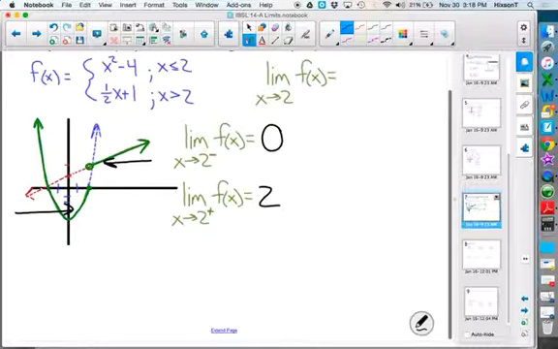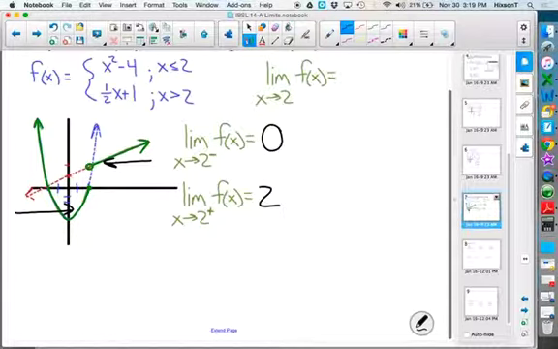Now, this one kind of throws us for a little bit of a loop because we're approaching 2 different values. All right? So, my left-hand limit exists, it equals 0. My right-hand limit exists, it equals 2. But if I were just asking for the limit as x approaches 2, what would I have to say?